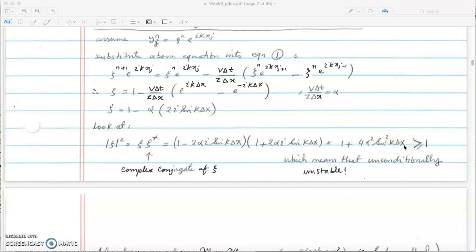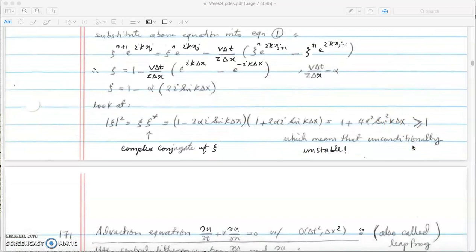Alright, so we know that all of these are positive, so this term is always positive. 1 plus any positive number is bigger than 1. So we proved that c is always bigger than 1, which means central difference in space and forward Euler in time is unconditionally unstable, because the magnitude of the perturbation is always bigger than 1.